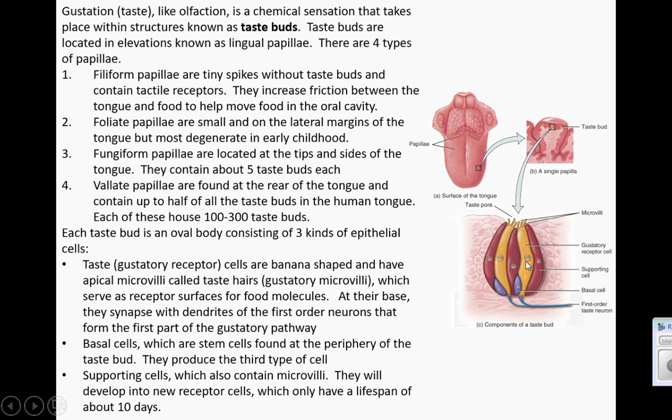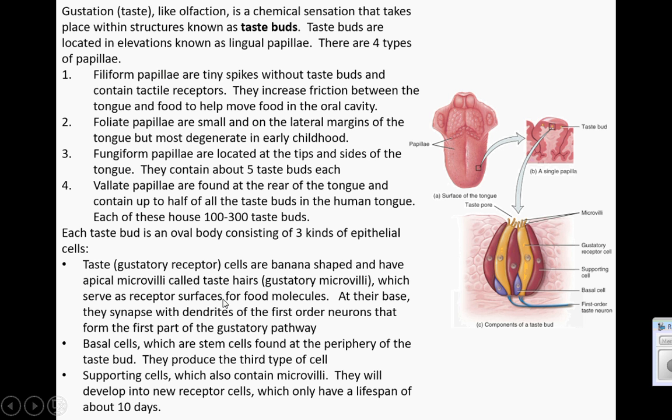They're banana shaped. And at the tip of them, just like at the tip of our olfactory receptor cells, we have little hair-like structures. We call these taste hairs or taste microvilli or gustatory microvilli. We just have them labeled here as microvilli. And those are the actual receptor sites for the food molecules.